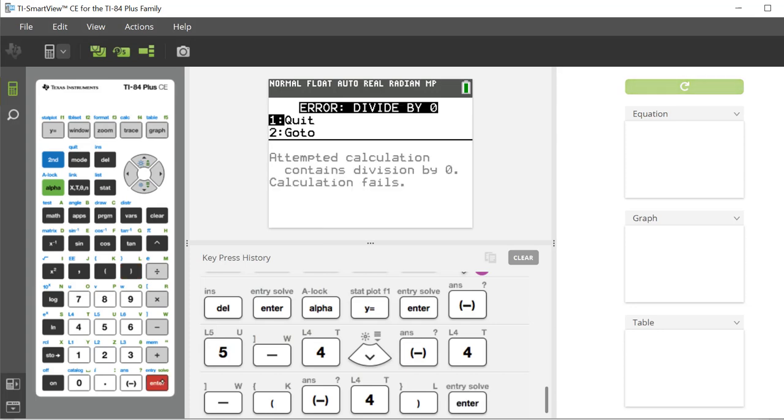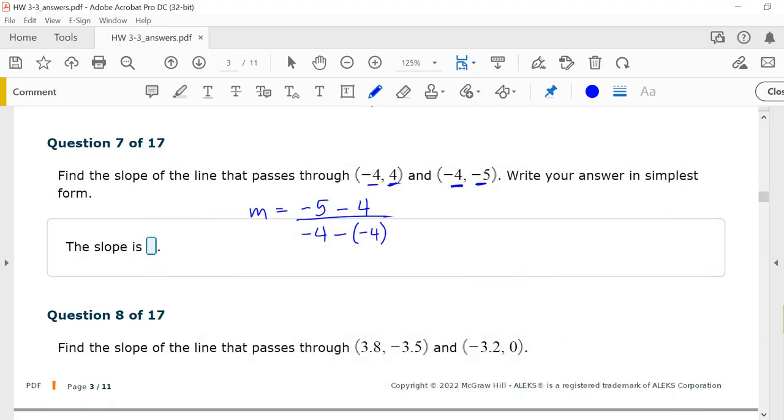It tells us we can't divide by 0. So we would get negative 9 over 0. Can't do that. So we're going to say that our slope is undefined.